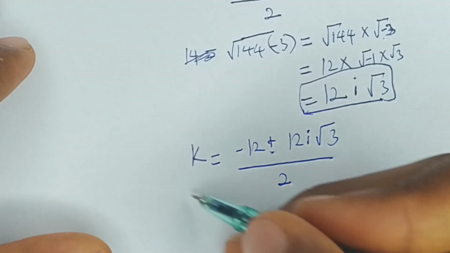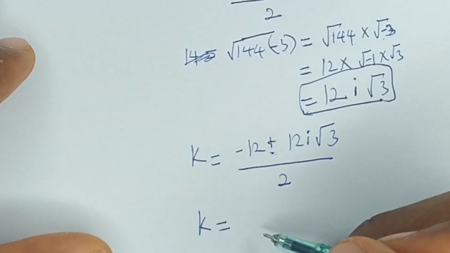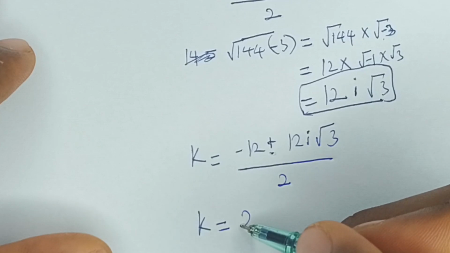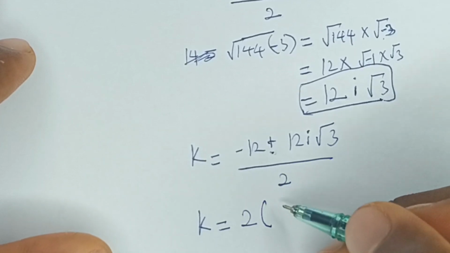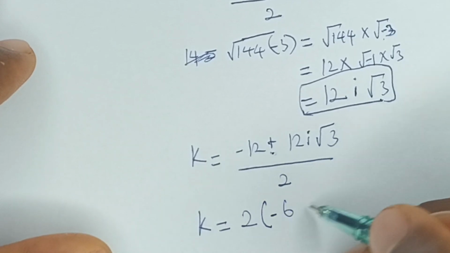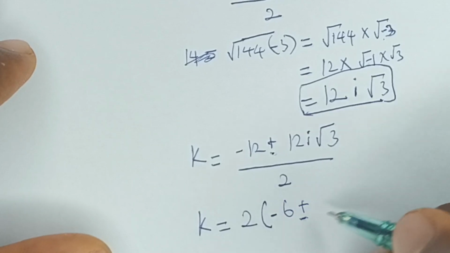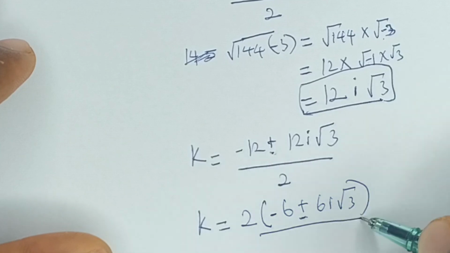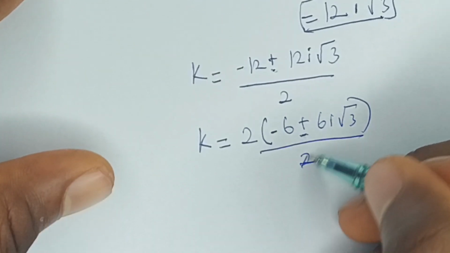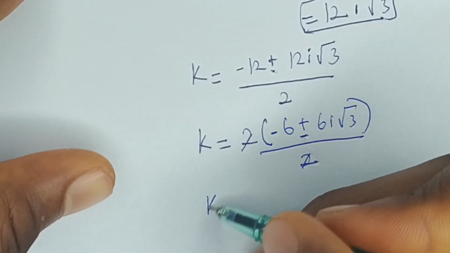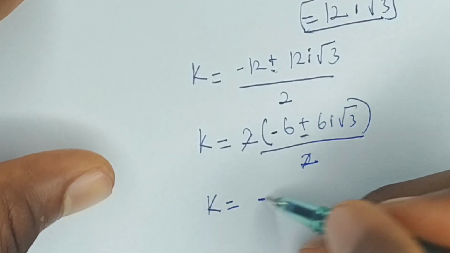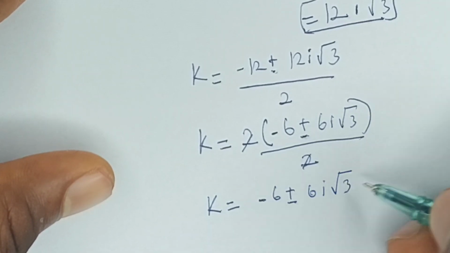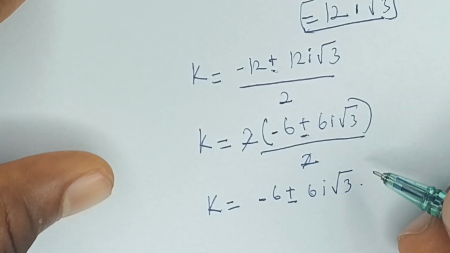From here, we can factor out 2, so we have 2 into minus 6 plus or minus 6i times root 3 all over 2. Cancel 2 on both sides, so we have that k is equal to minus 6 plus or minus 6i times root 3.